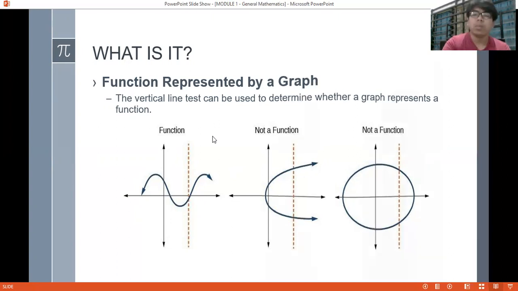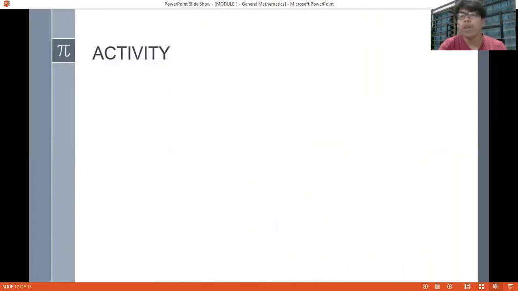Before we proceed to your activity, let us remember that the vertical line test is used only for graphs to determine if it is a function or not. And let us remember that a polynomial is considered a function or not. How?